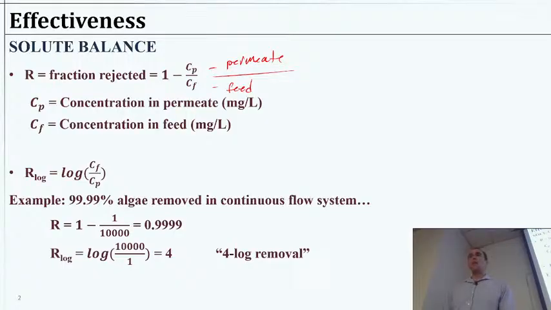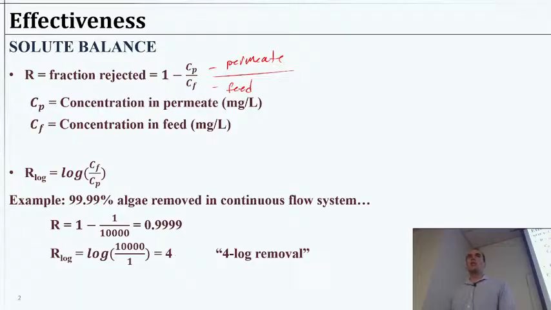Now we could take a log of this and call it R log. Sometimes that's convenient if we're talking about like 99.9% rejection. So if, for example, it was 99.99% of algae, we could do that same exact problem with that value. In this case, the fraction rejected is a little uncomfortable to write every time. It's 1 minus 1 over 10,000, or 0.9999.